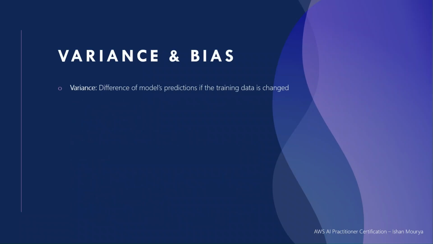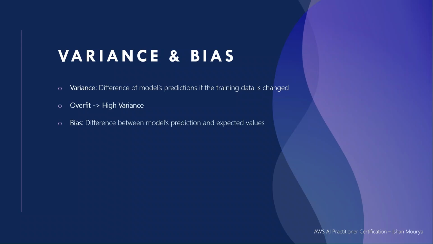Variance is basically the difference in your model's predictions if the training data is changed. Obviously, if your model is overfit, then you'll have a high variance because your model is relying too much on the training data. So in case of overfit, the variance would be high. And then there is bias.